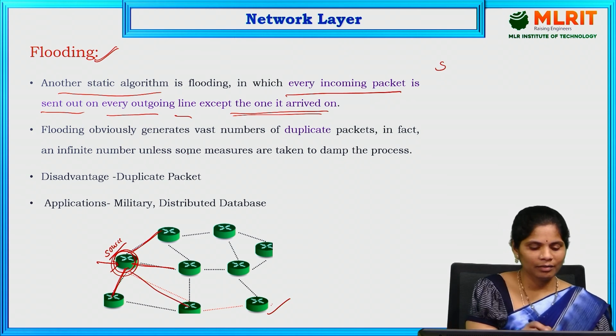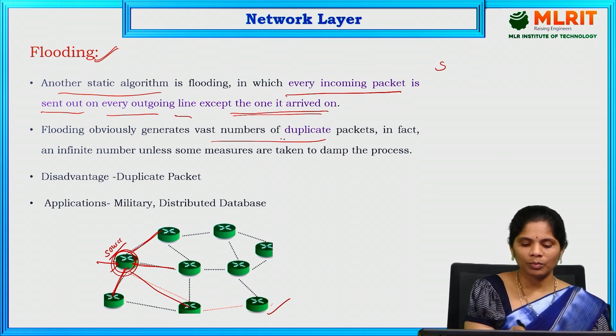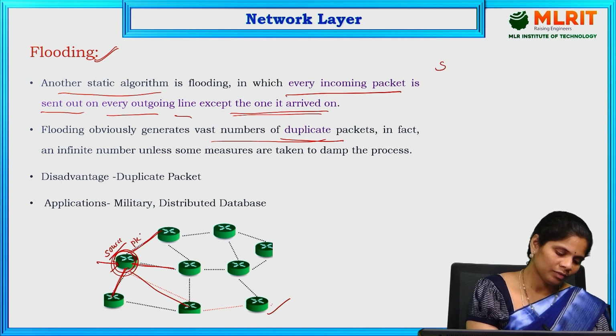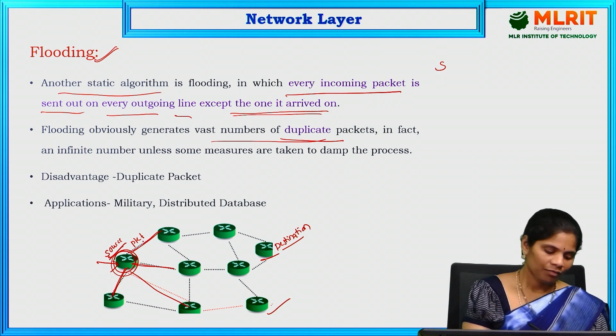This flooding generates a vast number of duplicate packets. How does it generate duplicate packets? See here. I am sending the data. This is the source. Suppose this is the destination. If I want to send the data from this source to the destination, first it will send this route. Afterward, it will take this route.